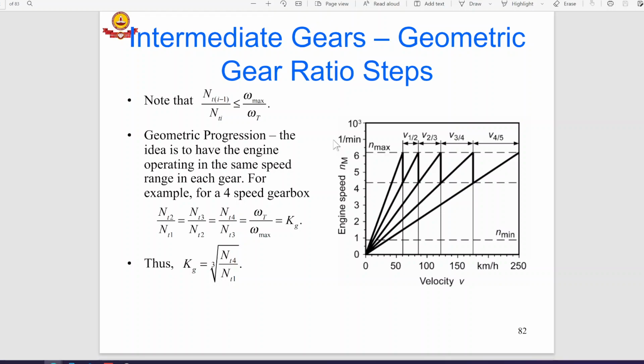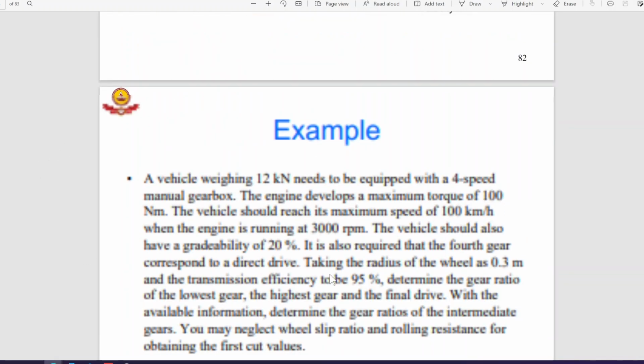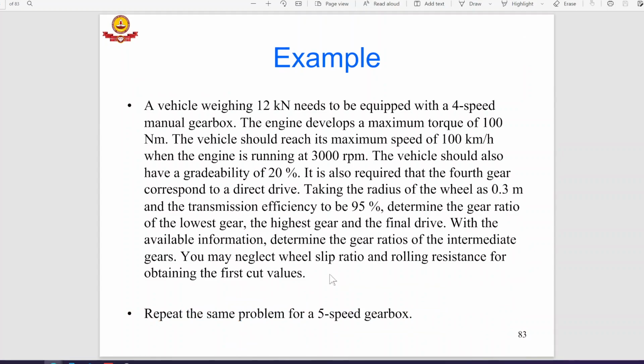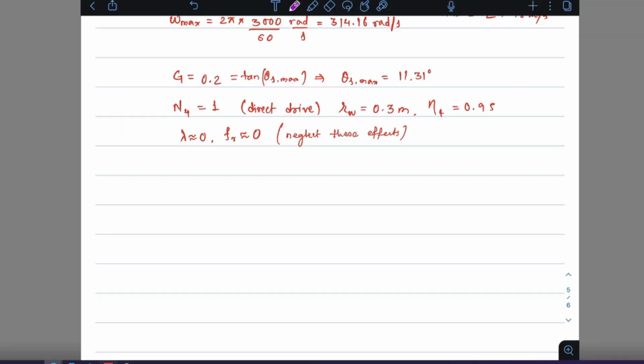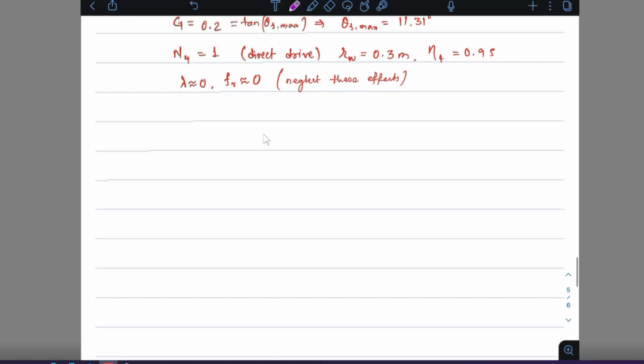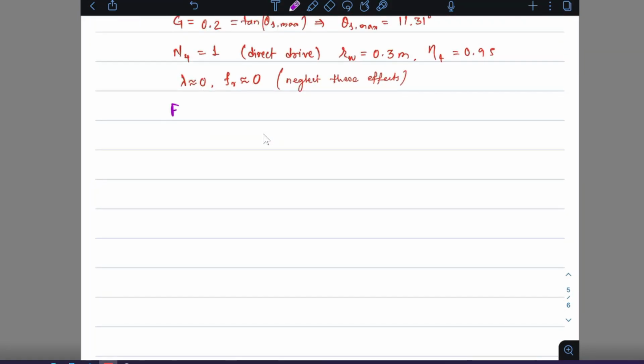So we can keep on substituting in terms of kg, and we will get the expression for this. So this is the problem we are now looking to solve. So from the requirement of maximum speed, we can say this.